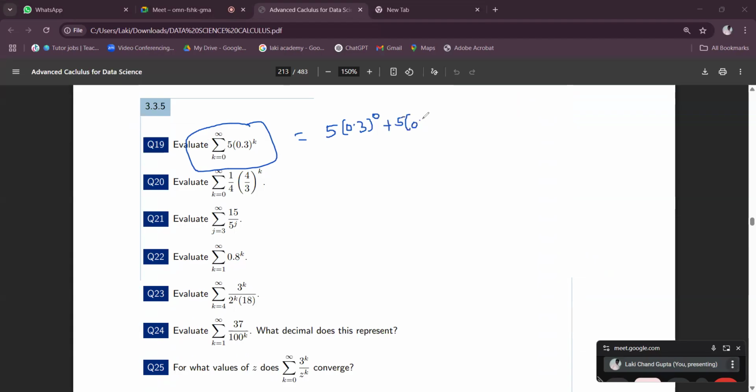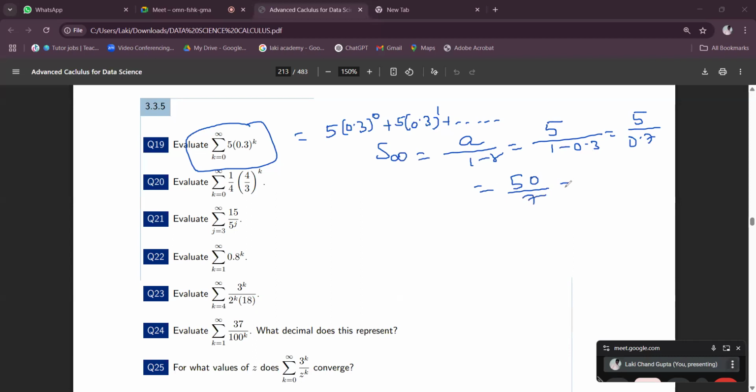Now when you put k equal to 1, like this, this is a geometric series, right? With 1 minus r. This is your answer.